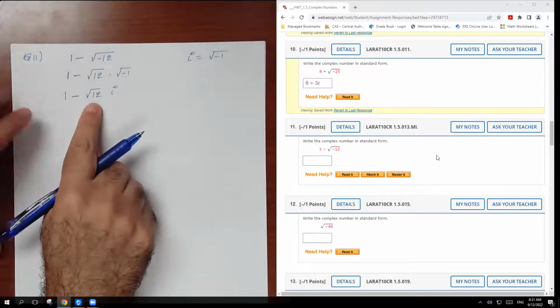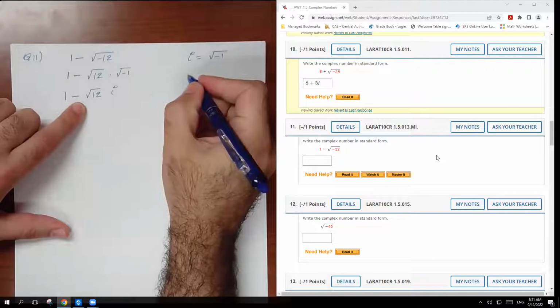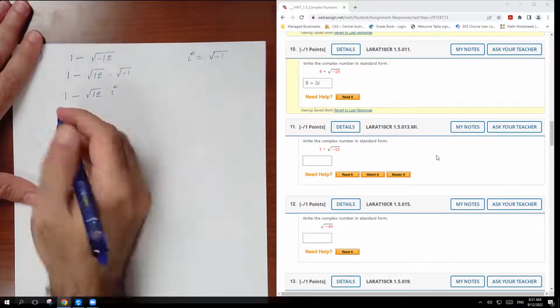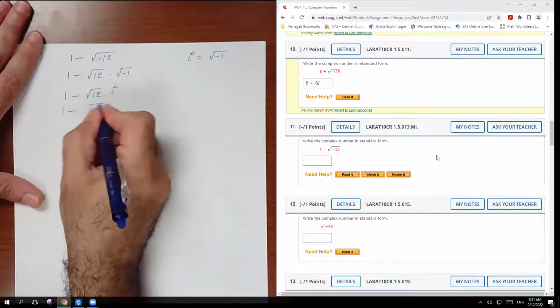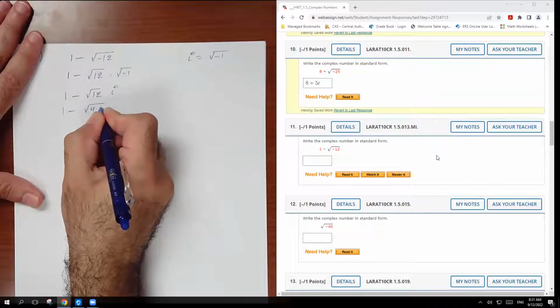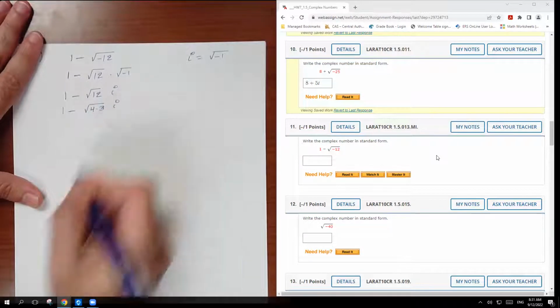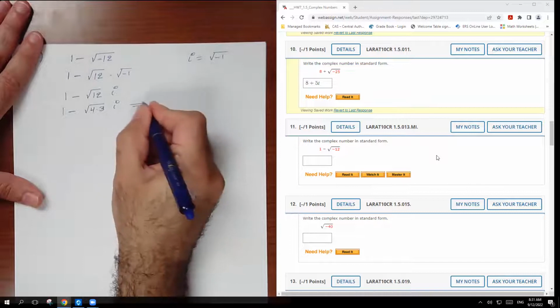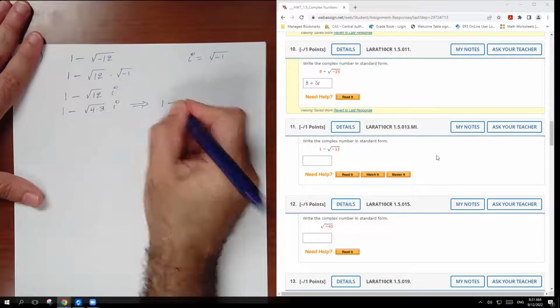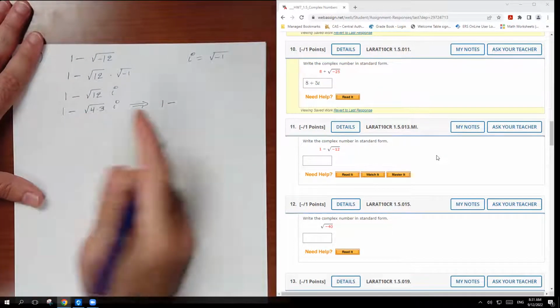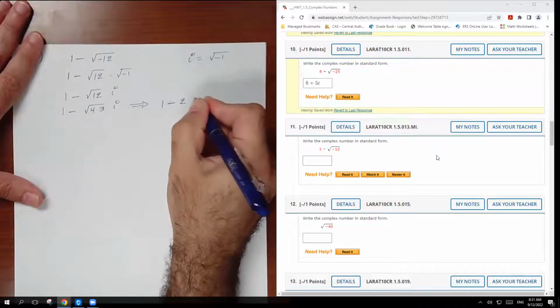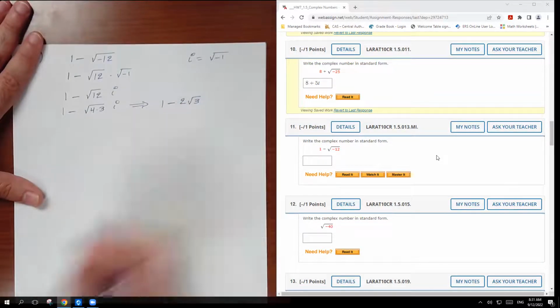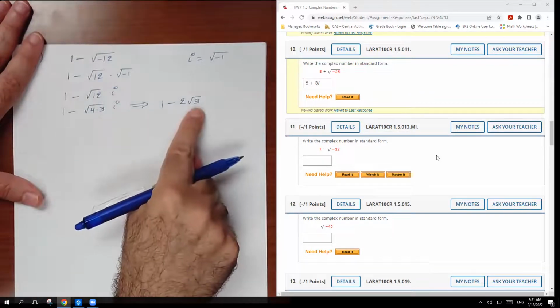Now I have to check the square root of 12. I can write the square root of 12 as the square root of 4 times 3. And here's the i. That means 1 minus the square root of 4, which is 2, and we're going to leave the 3 under the root because there is no square root for 3.